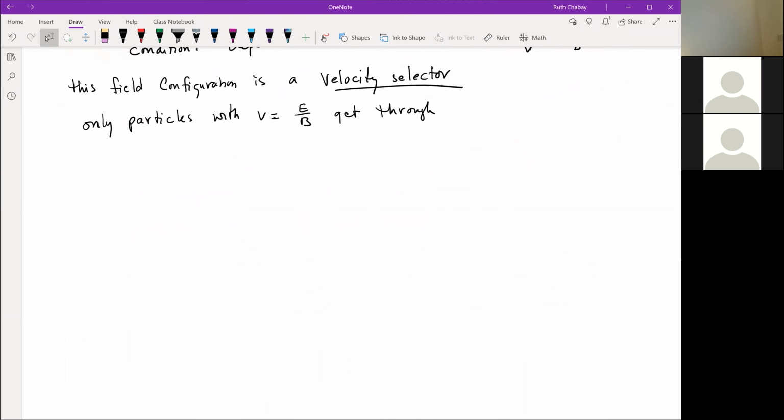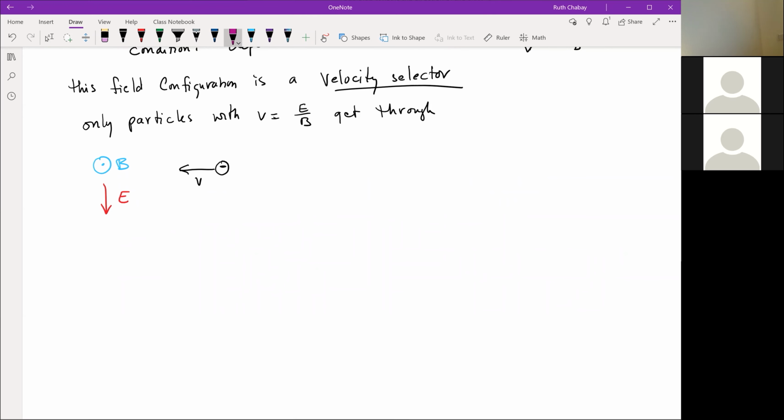So let's do a quantitative example here. Suppose we have a magnetic field out of the page, an electric field down, and a negative particle traveling this way with speed v.